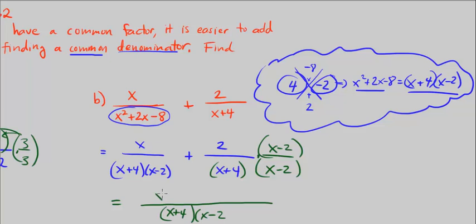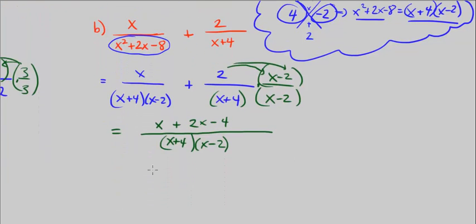In the numerator, we have x here. Oops. Right? x plus, distribute the 2, 2x minus 4. Let's go ahead and combine like terms. So we have 3x minus 4 in the numerator over x plus 4 times x minus 2.